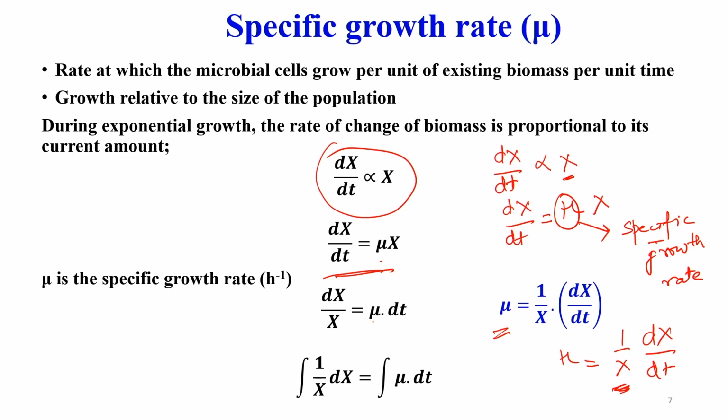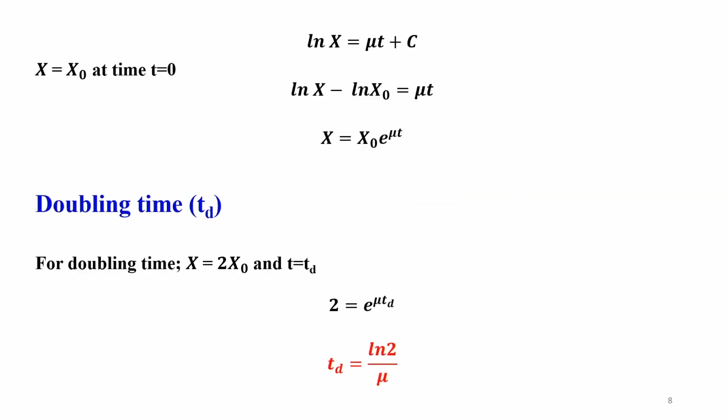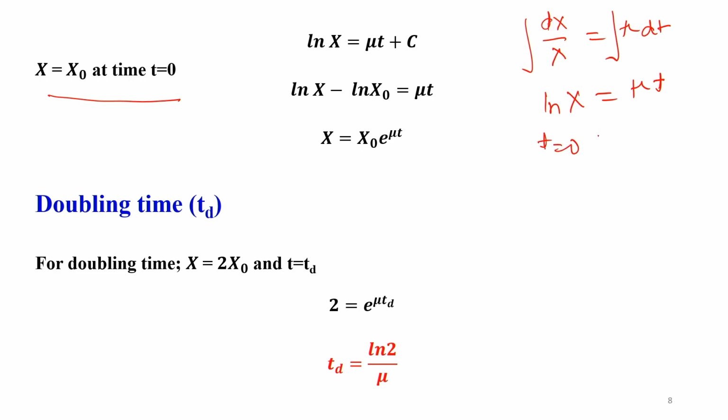So, we can rearrange this expression. So, this will be dx upon x is equal to mu into dt. We can integrate this, and if we integrate, we will end up with ln x equals mu into t plus c. Now, you apply this boundary condition: when t equals 0, x equals x naught.